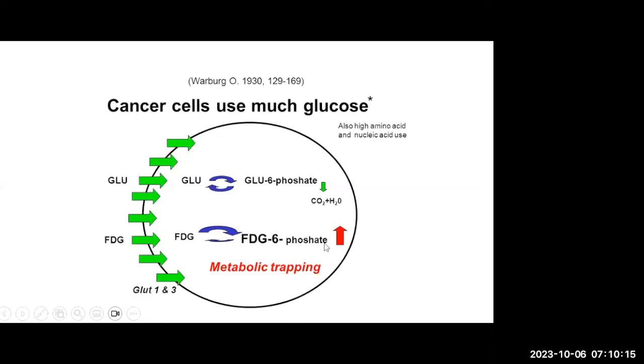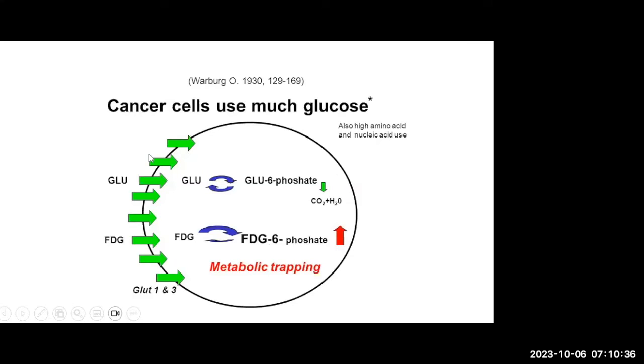As I also mentioned, this is not a substrate for glucose 6-phosphatase. Therefore, it's going to continue to accumulate by not continuing into the glycolytic pathway, as well as being too polar to diffuse freely through the lipid bilayer of the membrane.